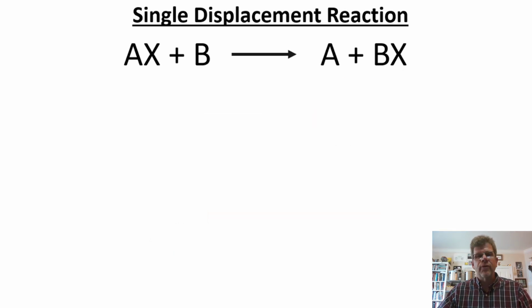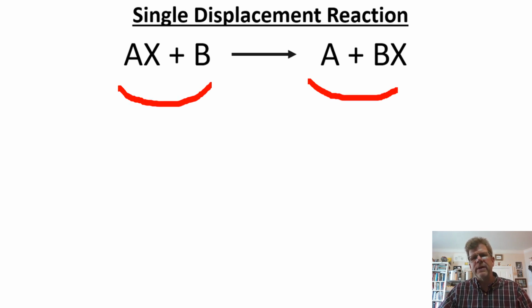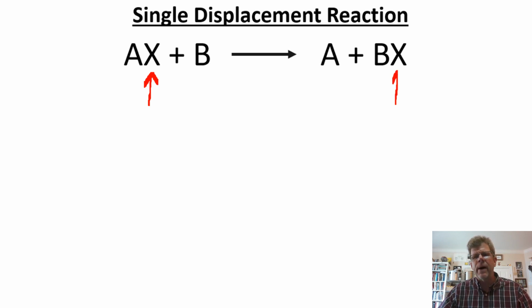Okay, the third of four is called a single displacement reaction. AX plus B goes to A plus BX. Look at what's happening in this generalized reaction. In the starting material, X is bound to A. And in the product profile, that X is now bound to B. We have displaced that X from one to the other. It is a single displacement reaction.